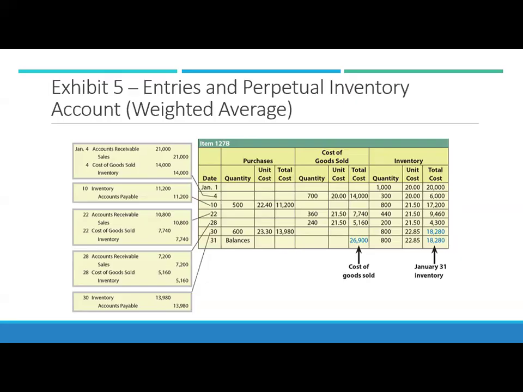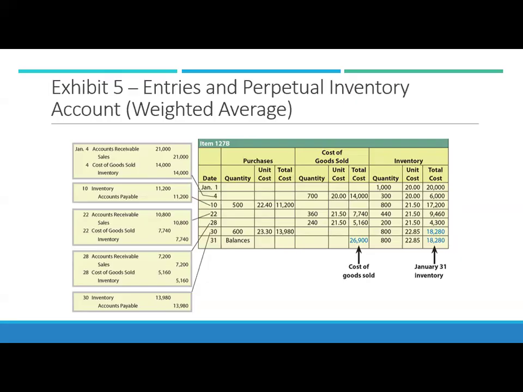And so then when we sell the inventory, we just apply the cost using our weighted average cost that we just calculated. And so 360 times 21.50 is 7,740, and we apply that right to our cost of goods sold entry. And then 240 times 21.50 is 5,160, and we apply that to our next cost of goods sold entry.